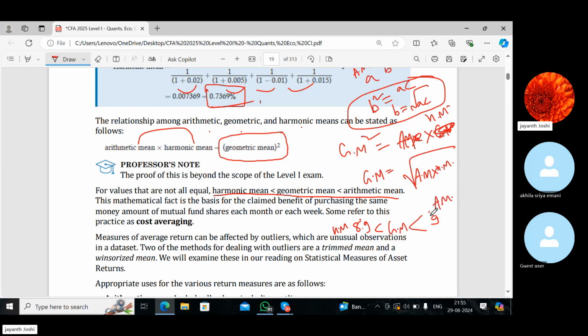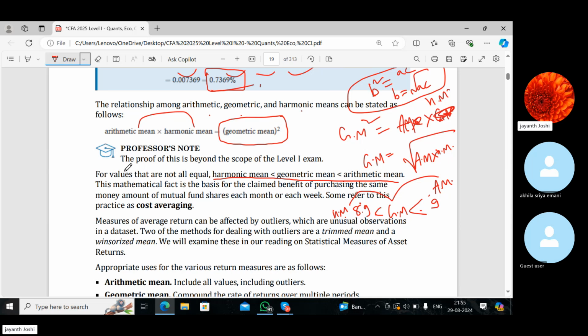If I give you data to find all three means, you yourself will get the answer, and you will get to know that this is always bigger than this and this is always bigger than this. I already told you the proof is not in the scope of the level 1 exam. You should look more into interpretation rather than proofs.